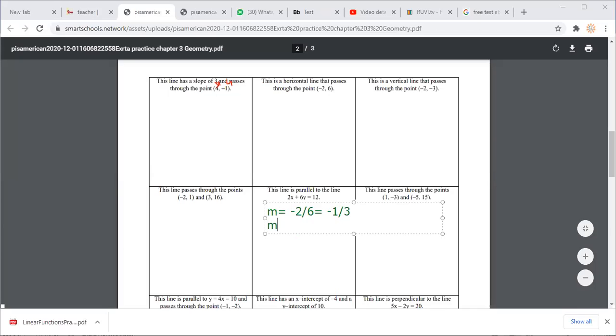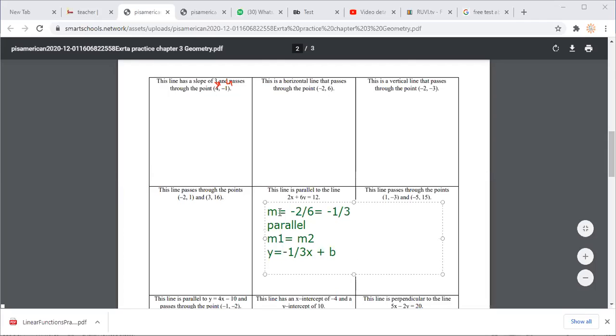Parallel means M1 should be equal M2, so the slope which we can use in the second equation will be y equal negative 1 over 3 x plus b.